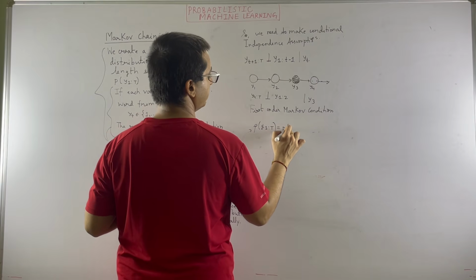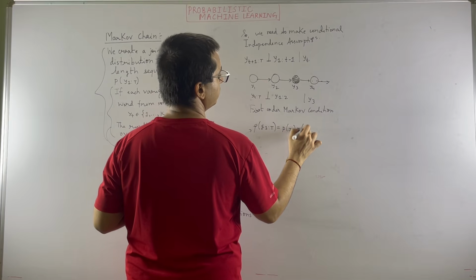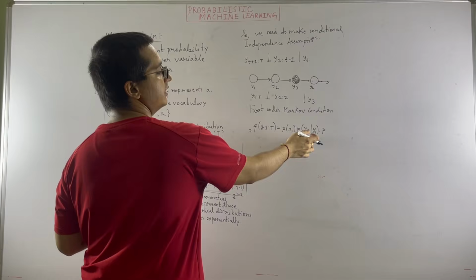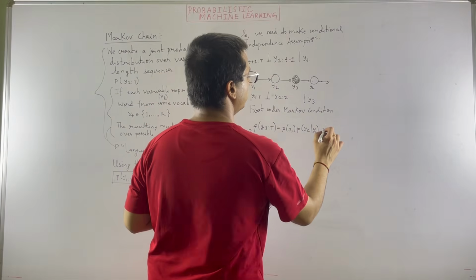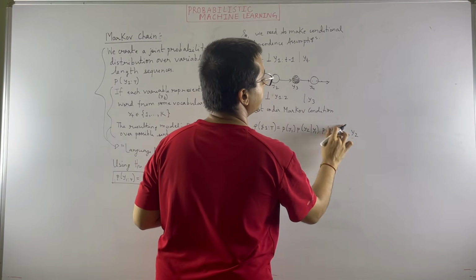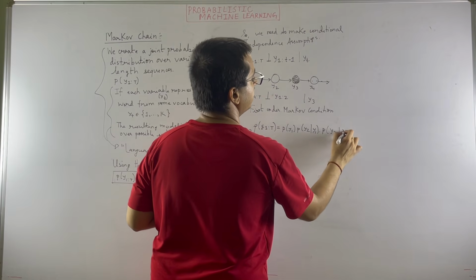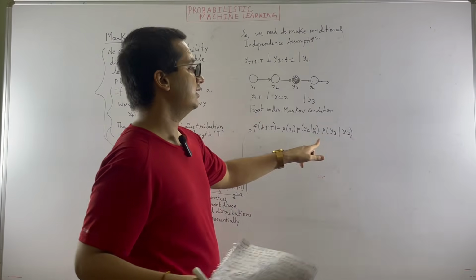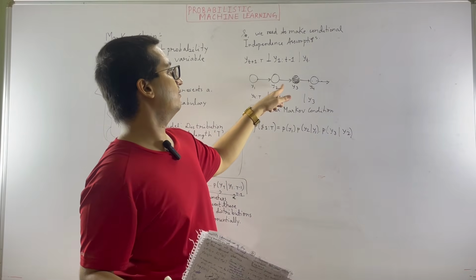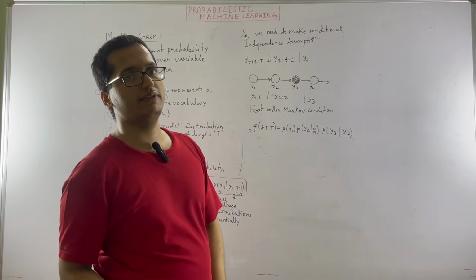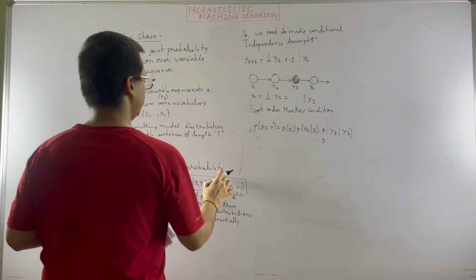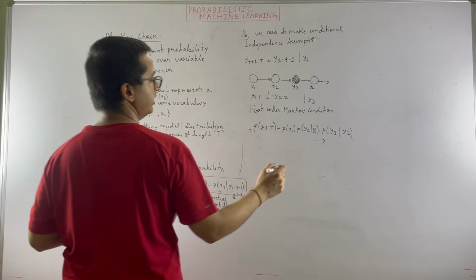First I have p of y1, then y2 is conditioned on y1, right? Now for p of y3, of course I don't need y1. Why? Because if I observe y2, I can write down the distribution of y3 given y2, since I do not need to know about y1. So you see how much simpler this has become.